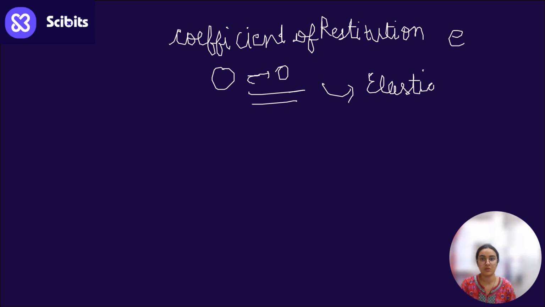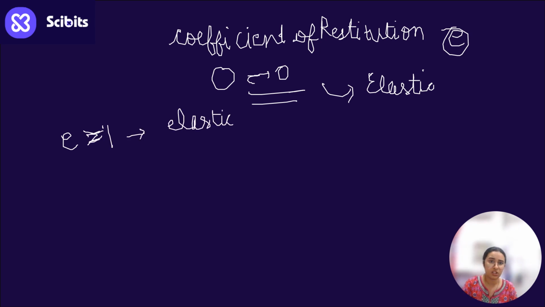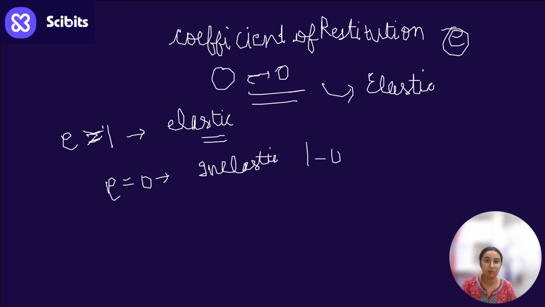So what I mean to say is, if the value of e is equal to 1, then the collision was elastic, and if it was 0, then it was a perfectly inelastic collision, and if it was in between, then it was neither fully elastic nor fully inelastic. It was somewhere in between these two.